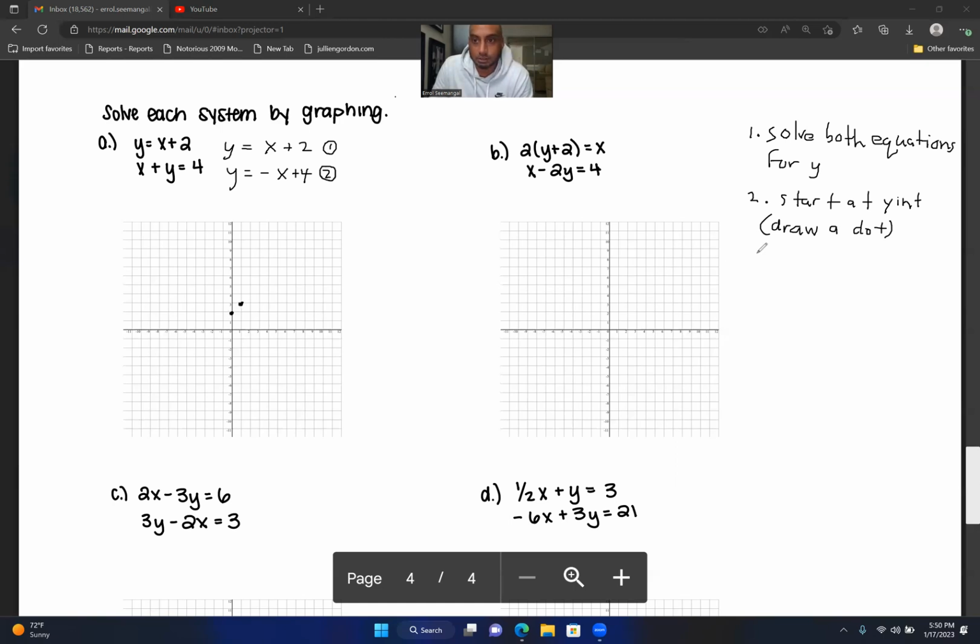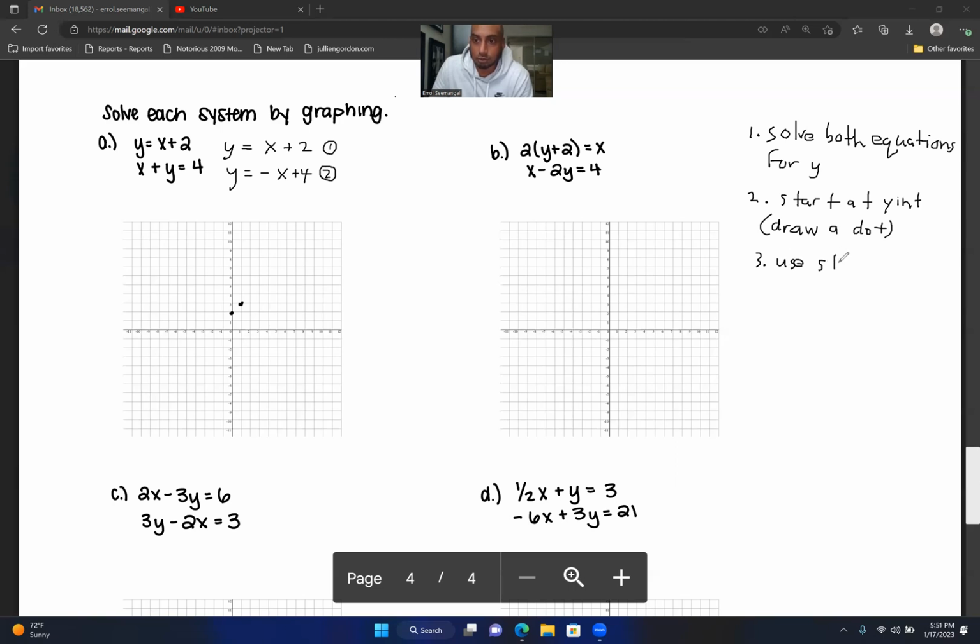So step three. What's step three? Draw the line, that'll be step four. How do we go from step two to step three? You draw more dots, using the slope.